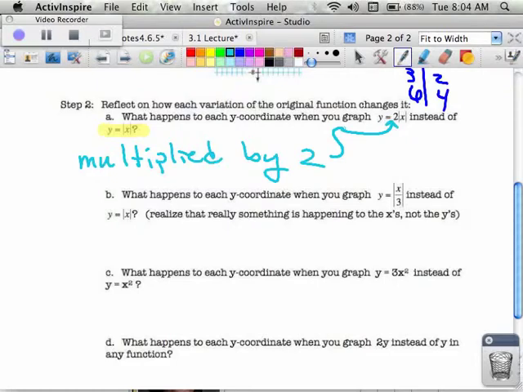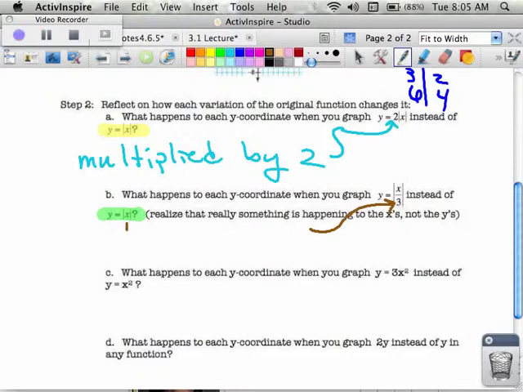That's it. And then in the next one, when they talk about the absolute value, and they say what's happening when you see this 3 on the bottom, what's happening to every y coordinate? Divided by 3, or you could have said multiplied by 1/3. You could say either way.